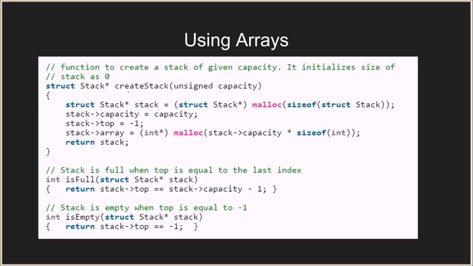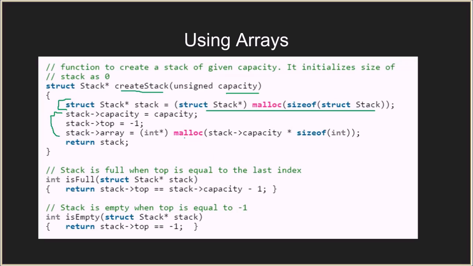Now here we have the function to create a stack. It takes as an argument the capacity, and then it allocates the memory to the structure stack using malloc, and then it assigns these three elements of it.